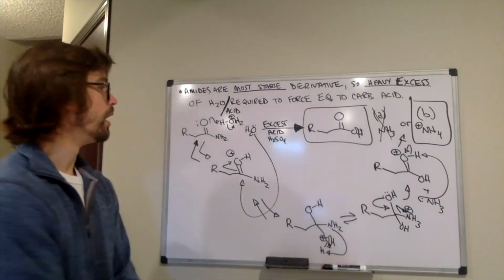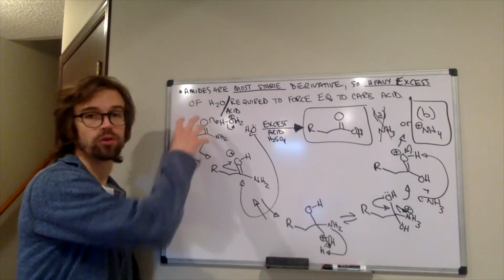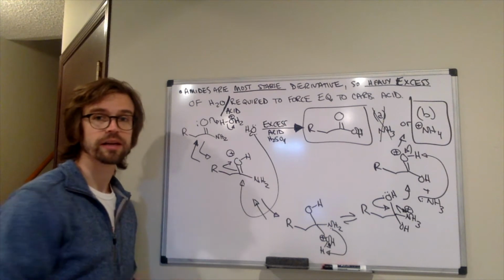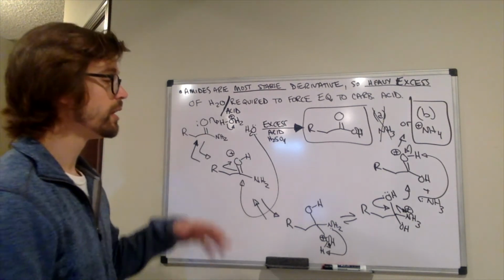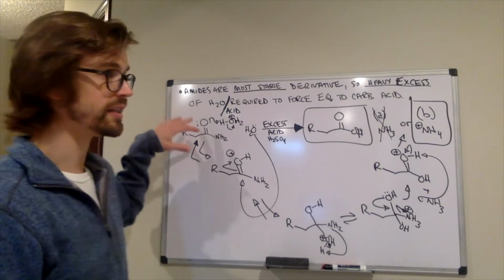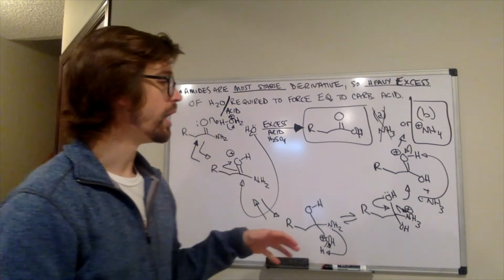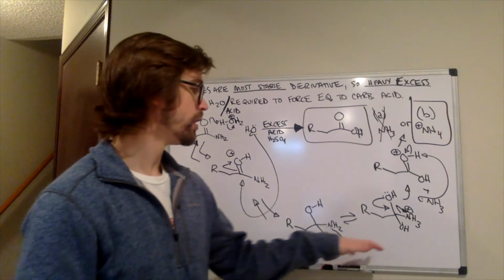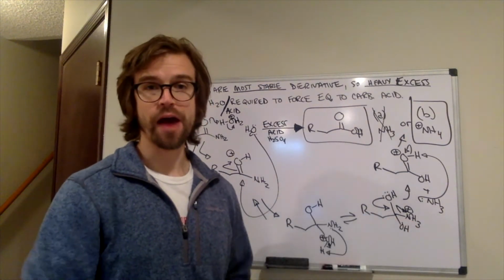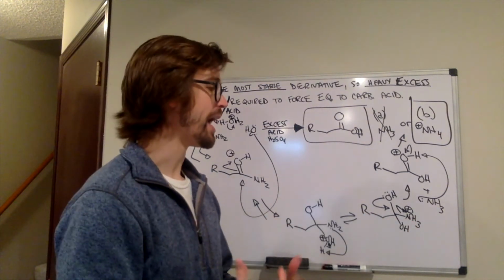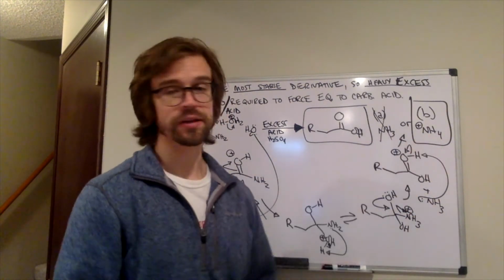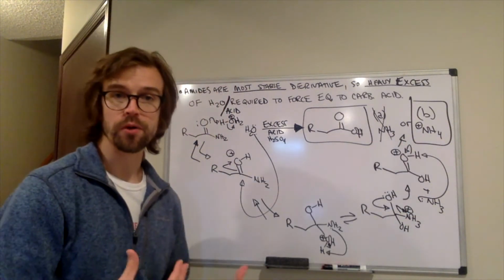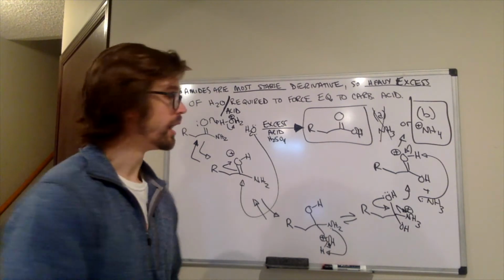Again, this is technically the more stable carboxylic acid intermediate, and that's true. But when we are facilitating things with this excess acid, it will at some point force the NH3 out as the leaving group. And once that happens, that NH3 will protonate and form this quaternary ammonium species.